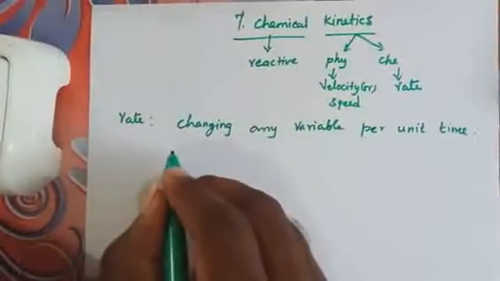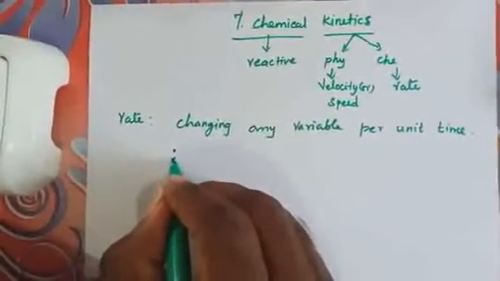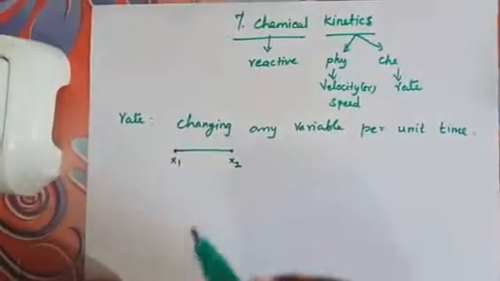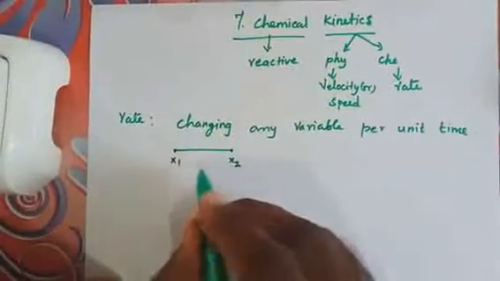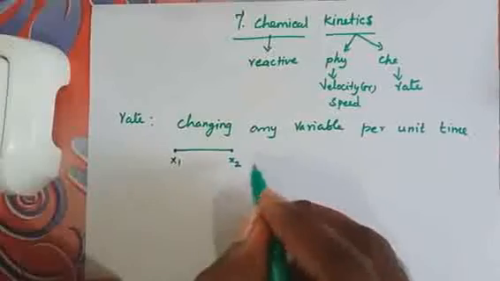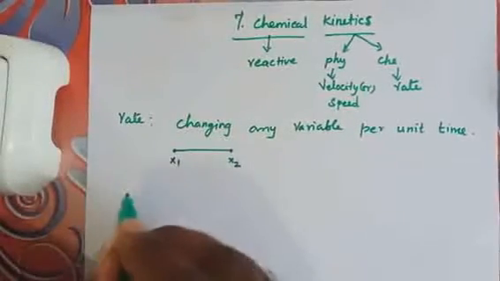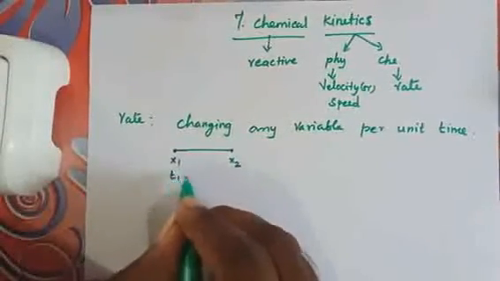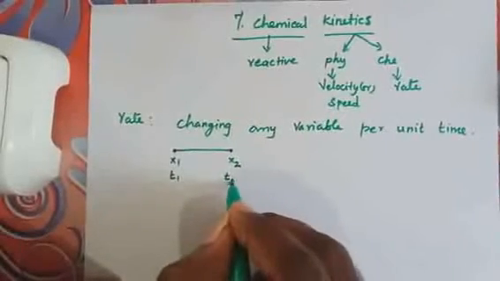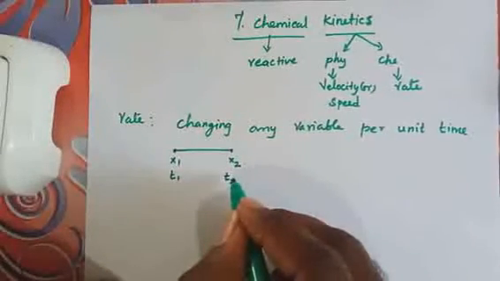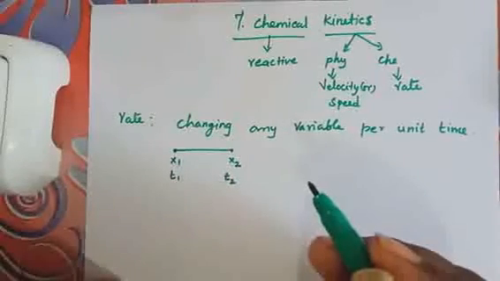Consider a particle moving from x1 position to x2 position. Here x1 and x2 are the positions of the particle in the initial and final stages, and t1 and t2 are the times noted for the initial and final positions.